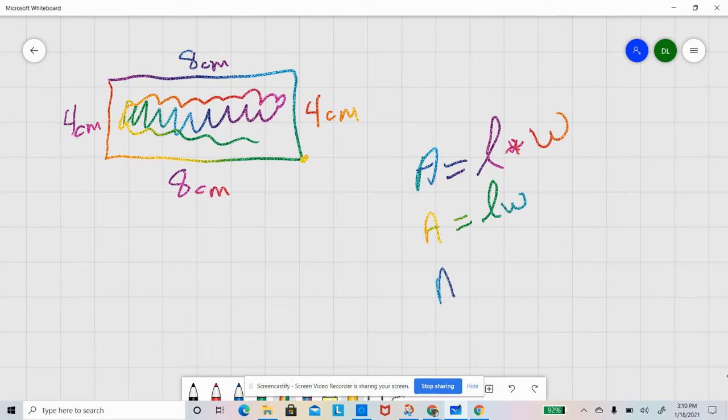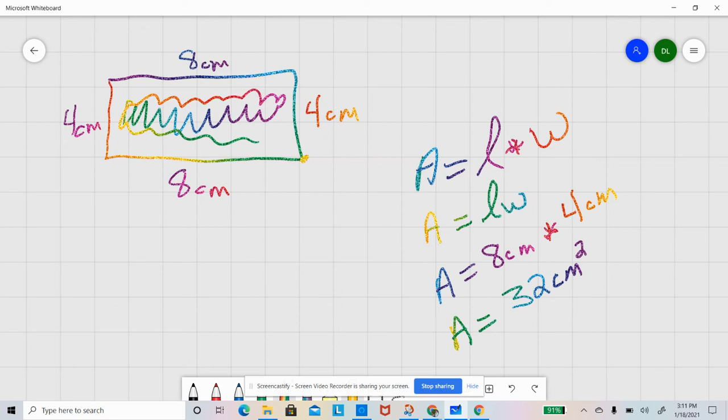So area in this case equals length, which is 8 centimeters, times 4 centimeters. Okay, and we're going to multiply those together. Area equals 32 centimeters. Now, not only did we multiply 8 times 4, we also multiplied centimeters times centimeters, which gave us centimeters squared.